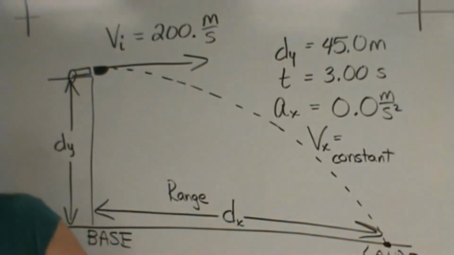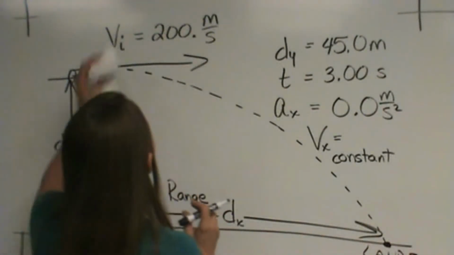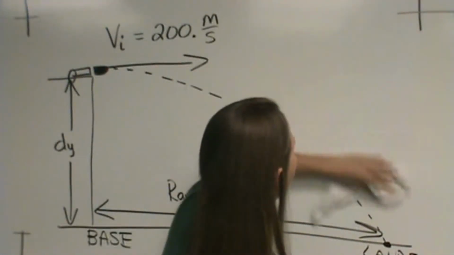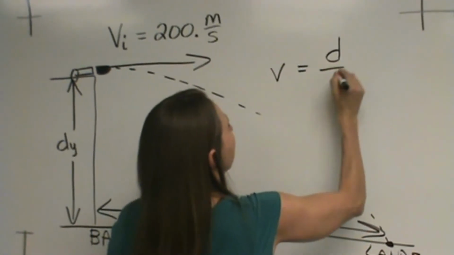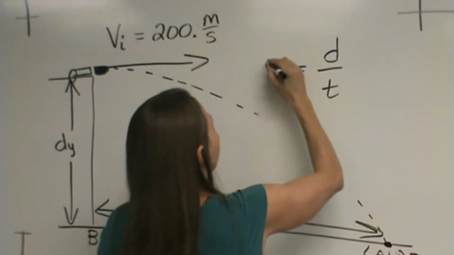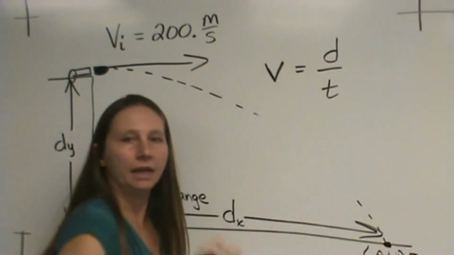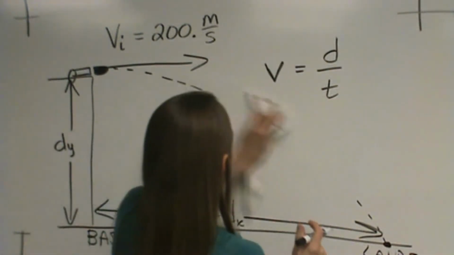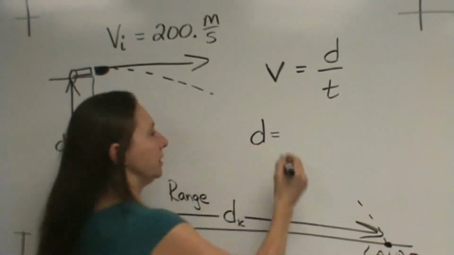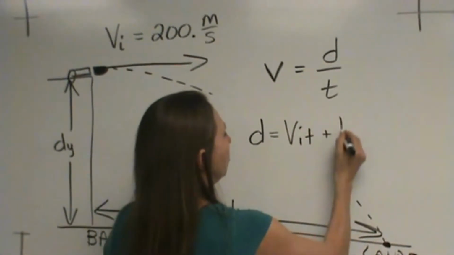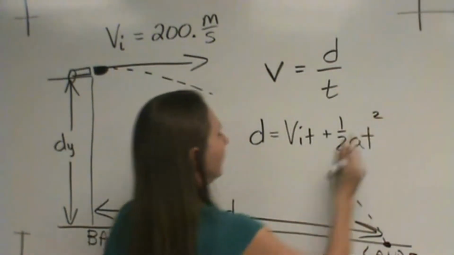Again, acceleration is 0. So even if you were to think, oh, what about this equation? Distance equals v initial t plus 1/2 at squared. If the acceleration is 0, this whole part here goes bye-bye, right? And this equation is the same as that equation.